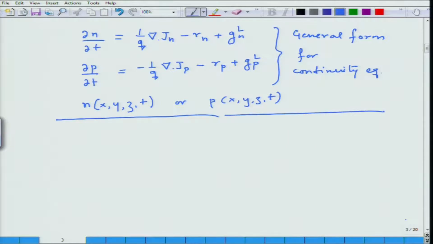In addition to these equations, we need to solve that the charge density at any point in a semiconductor will be given by the number of holes minus the number of electrons plus the number of donors ionized positively minus the number of acceptors ionized negatively. This would be given by the charge density.